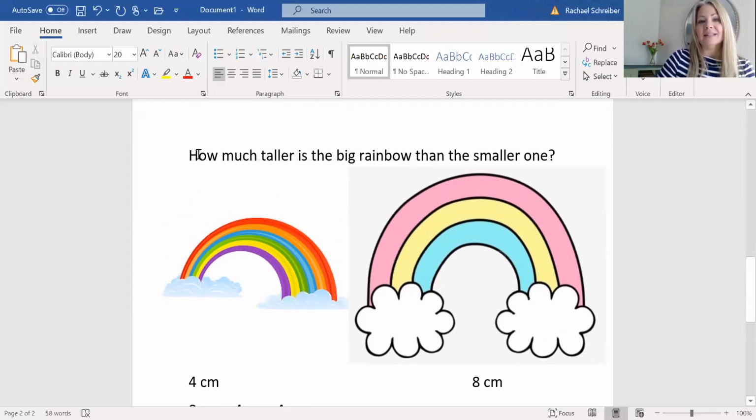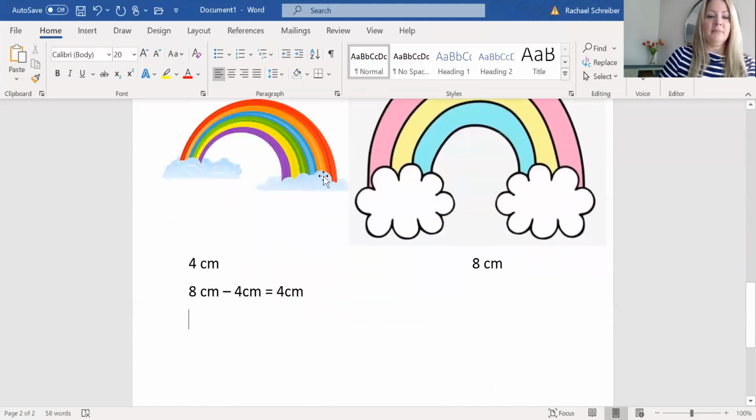So the question asked, how much taller is the big rainbow than the smaller one? So we can't go either way this time. We have to echo or restate these words. If it says how much taller is the big rainbow than the smaller one, we need to say the big rainbow. Yep, that's what it's asking about. The big rainbow is, what was our answer? 4 centimeters.